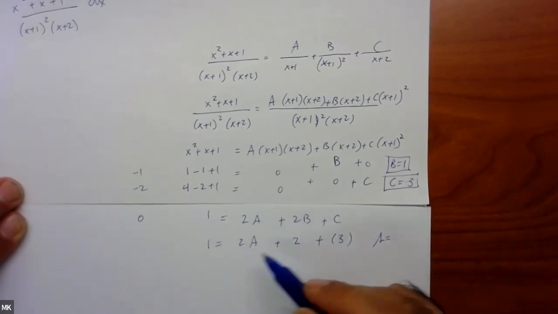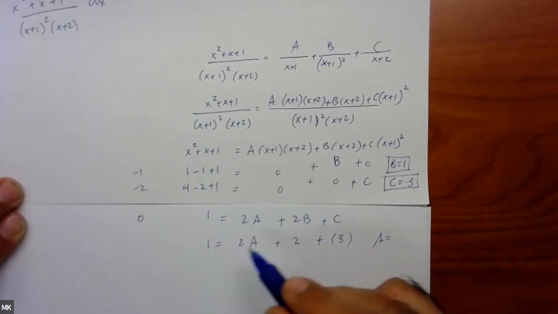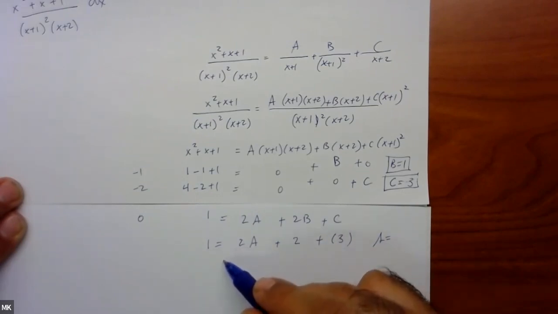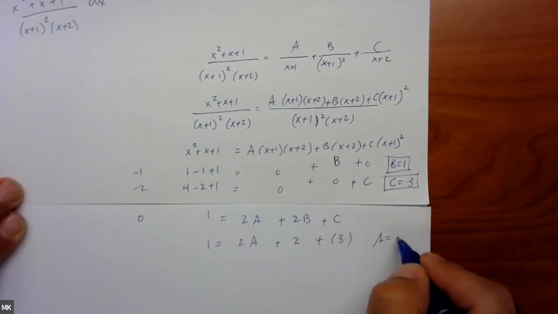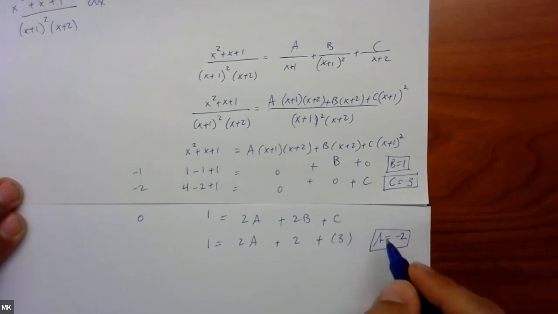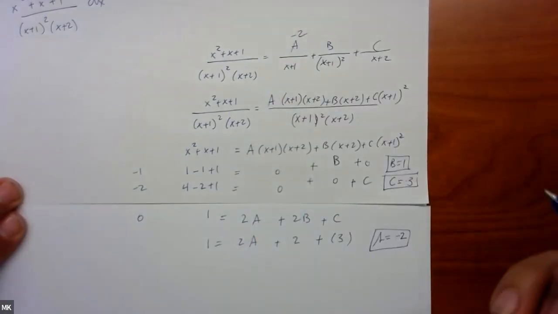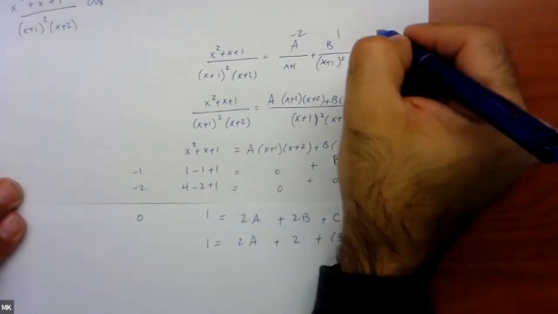So 5, it's going to be 5 plus 2a is 1. Take 5 to the other side, becomes -5, plus 1 is -4. 2a is -4, or a is -2. Yeah, that was a good catch there. Okay, so a is -2, b is 1, and c is 3.